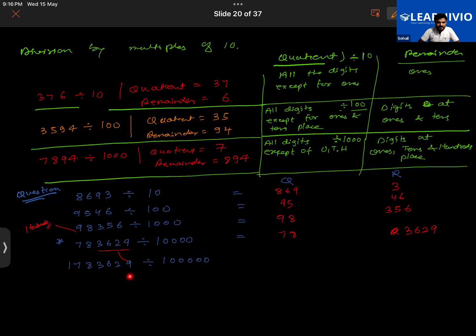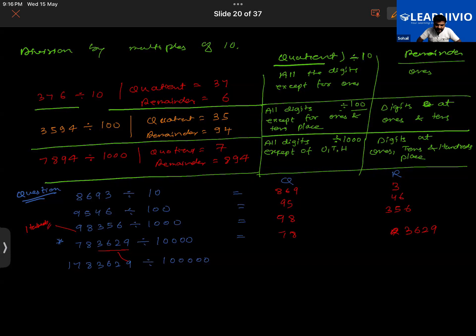So 83,629 will become a remainder. Exactly. Only 17 will be there in the quotient, since if it's more than 1,000 the quotient would be smaller.